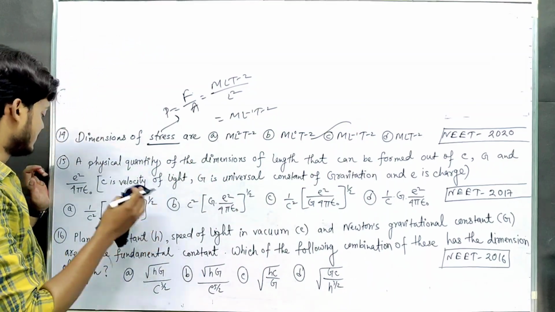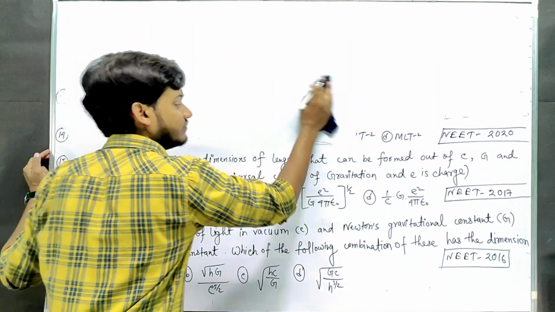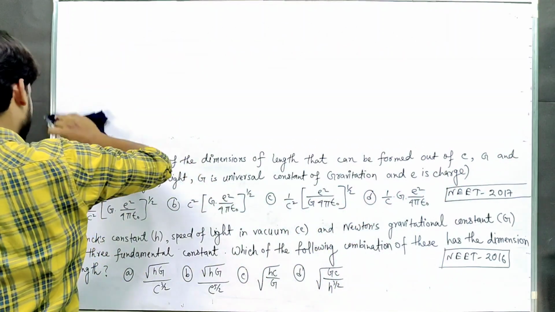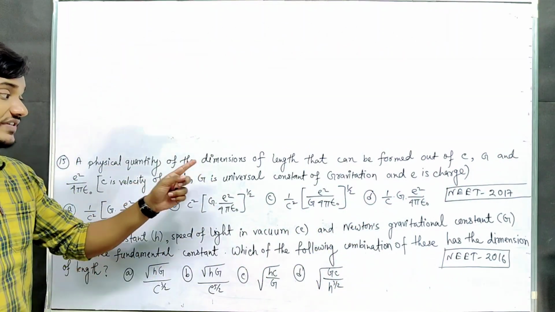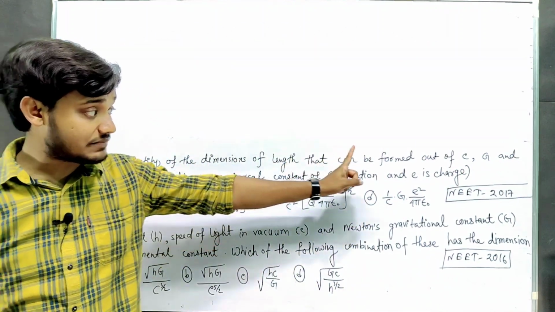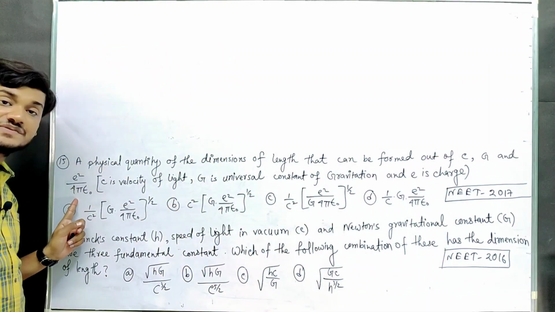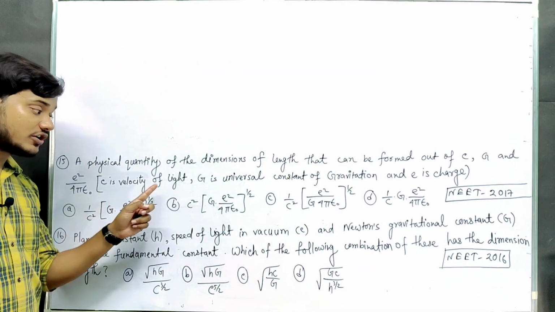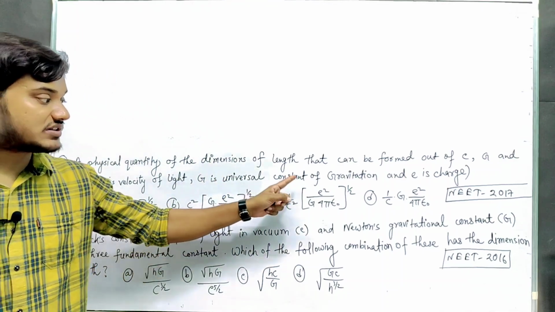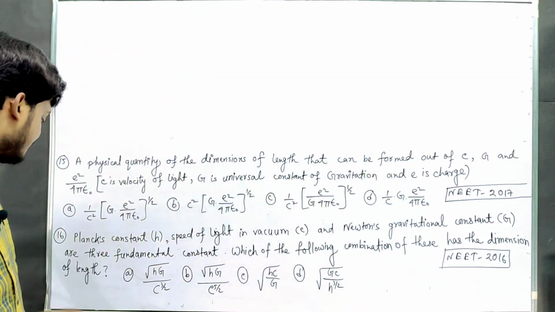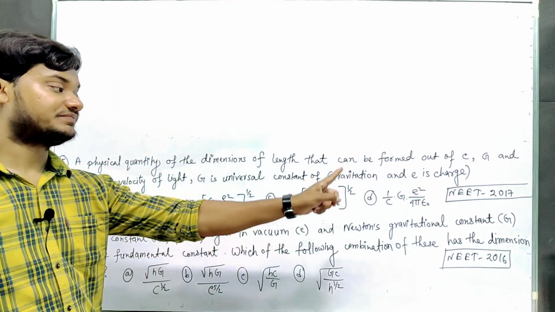Okay, next 15. A physical quantity of the dimensions of length that can be formed out of C, G and E square by 4 pi epsilon naught. C is velocity of light, G is universal constant of gravitation and E is charge. Options are given.